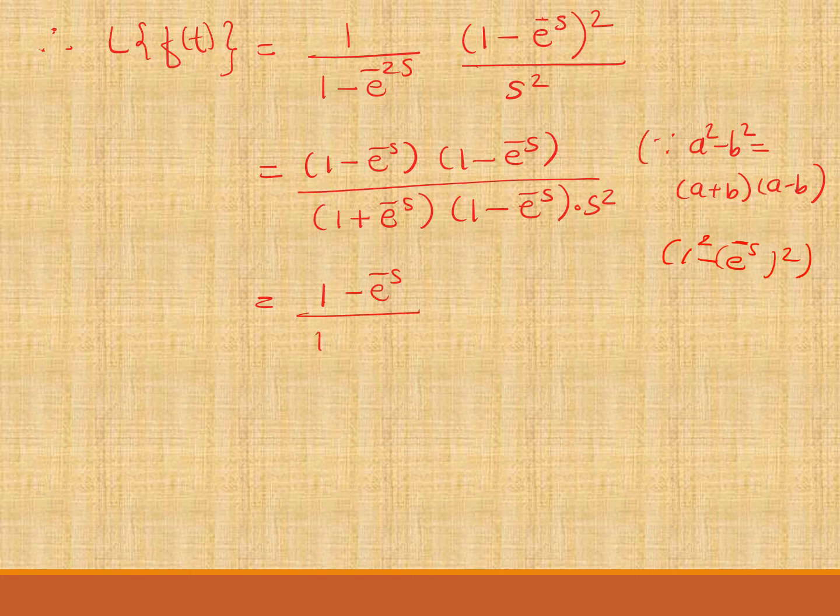And further, if we cancel these two terms, we get 1 minus e raised to power minus s upon 1 plus e raised to power minus s square. So this is the Laplace transform of the given periodic function.